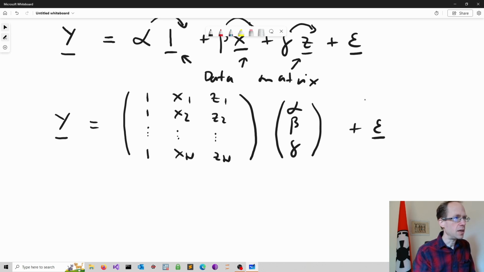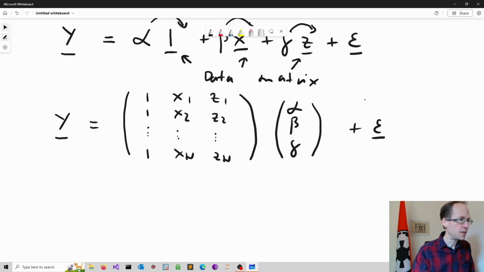To multiply a matrix, we take the first row times the first column. So in our case it would be 1 times alpha plus x1 times beta plus z1 times gamma. So it would just give me the equation you see above. It's always helpful to think here about dimensions.